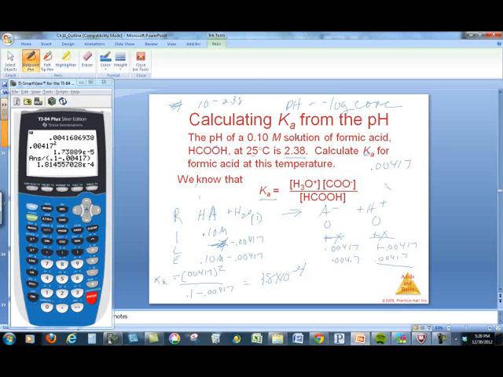Now let me just see sig figs. I got 2 sig figs here, so I want 2 sig figs here. This is also 2 sig figs. Okay, so that's going to be my answer, 1.8 times 10 to the minus 4.